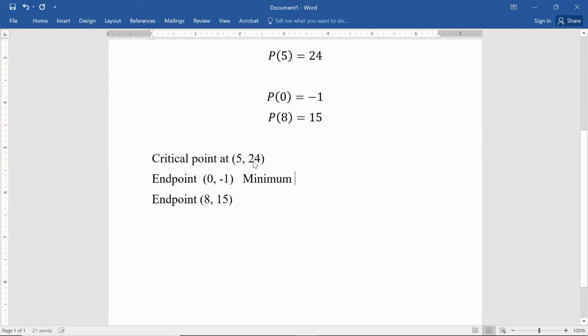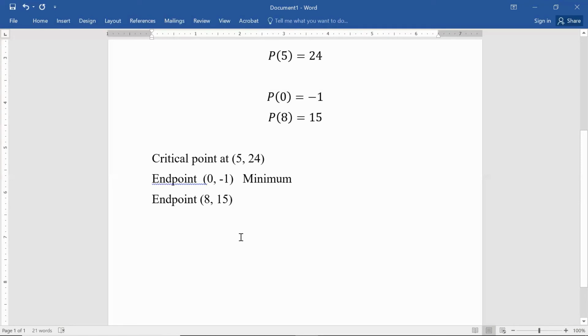How did I know it's the second one? Well, because out of these three options, it has the smallest output value. So (0, -1) has to be the minimum, because we know the minimum is going to happen at critical values and endpoints. I've listed them all. Therefore, the one with the smallest output is going to be the minimum.